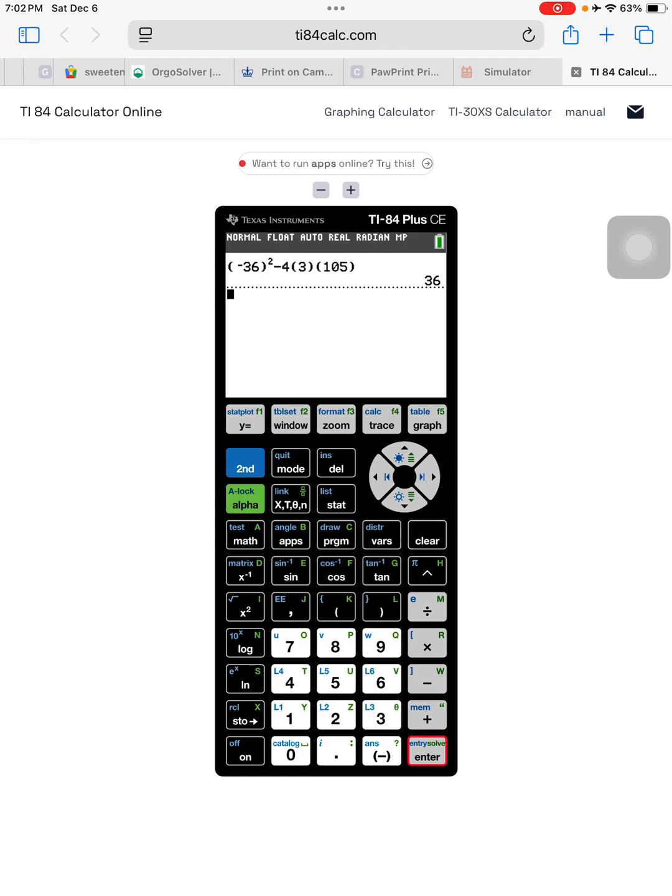So what am I going to get there? Wow, nice, just 36. And I'm going to put this whole thing in the quadratic formula.